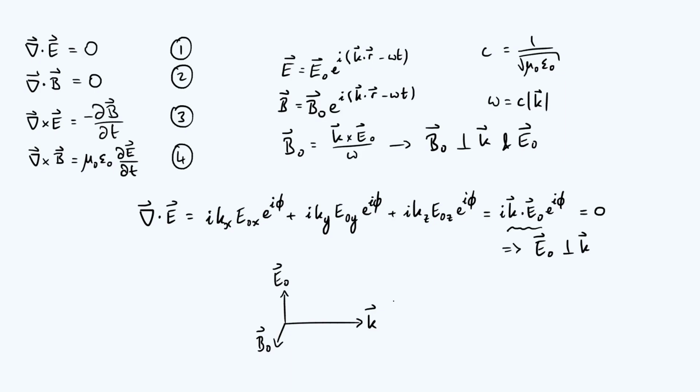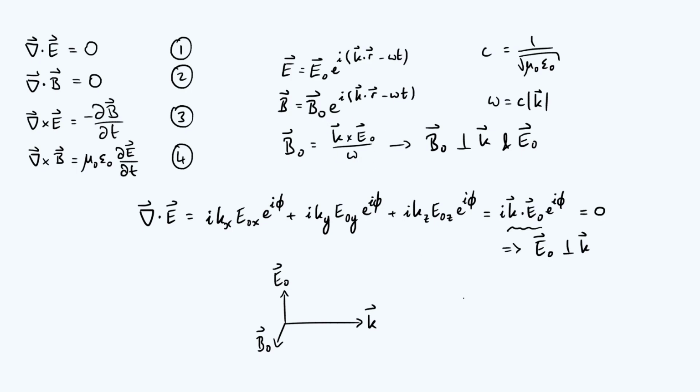There's actually one final conclusion we can make about the nature of these waves, given all of these results, and that concerns the magnitude of E naught compared with the magnitude of B naught. Now, if k and E naught are perpendicular to each other, then the magnitude of the cross product is just the magnitude of k times the magnitude of E naught.